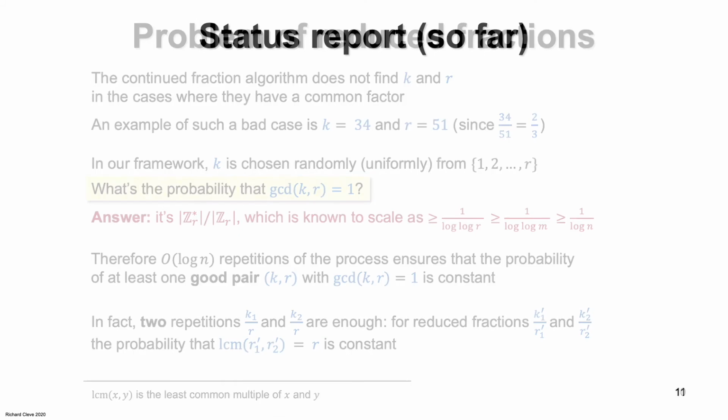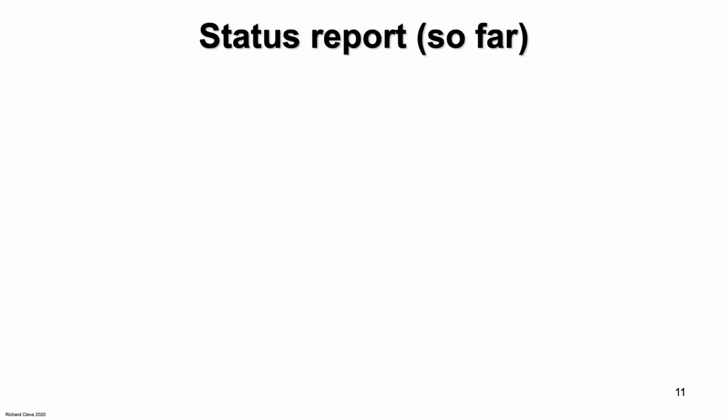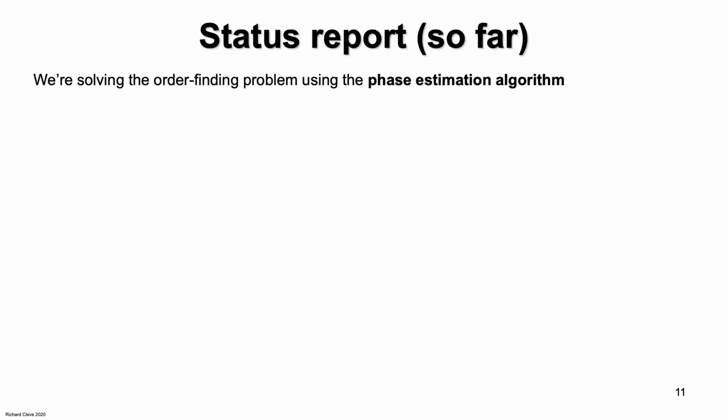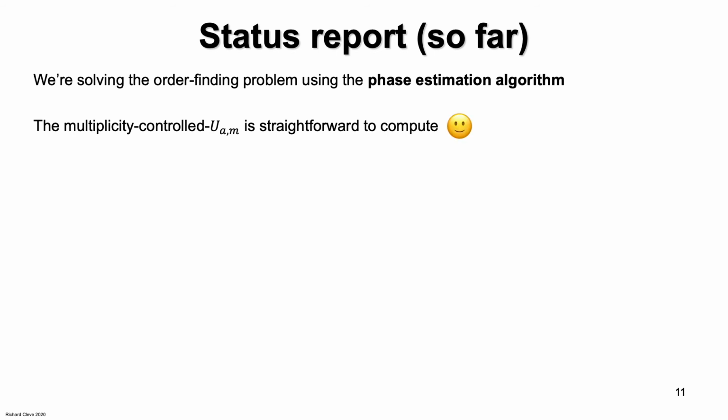Let's step back and see where we are. We're trying to solve the order finding problem using the phase estimation algorithm. We have a multiplicity-controlled U gate that's straightforward to compute. If we could construct the eigenvector state psi 1, then we could determine the order r from that.